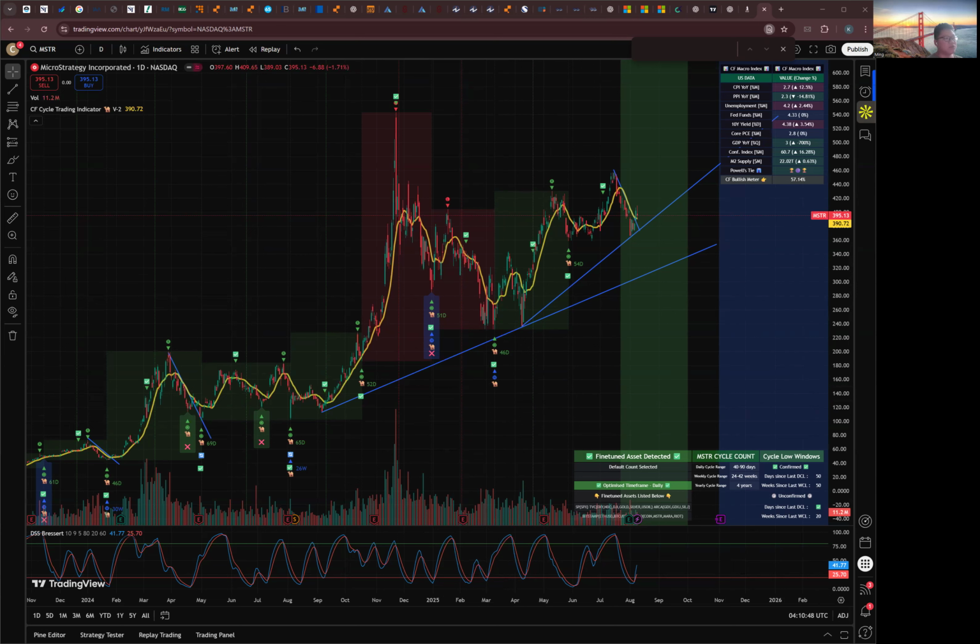So it also shows these timing windows, right? That I've previously mentioned. These are colored bands that project where your next cycle low is likely to occur. So green is for daily cycle lows, which is expected to bottom right now, which is why I've drawn this trend line over here and looking for it to break out, and it has, very fortunately.